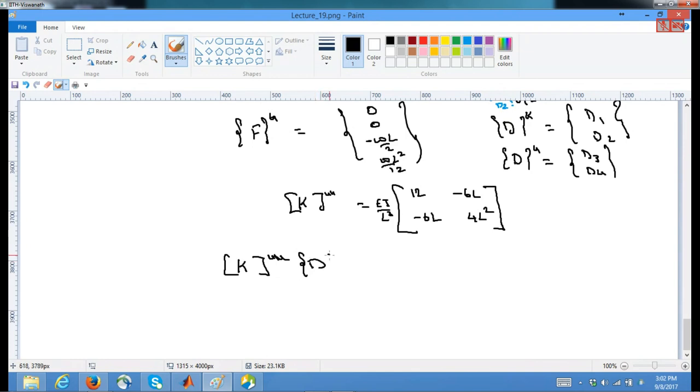So KUU times DU equals FU. My FU in this case is minus WL by 2 and WL square by 12.